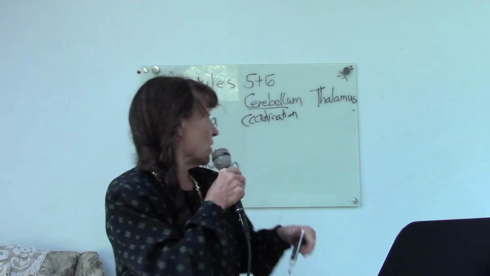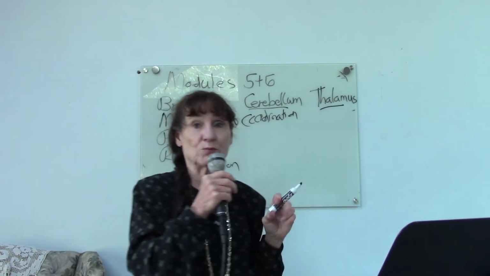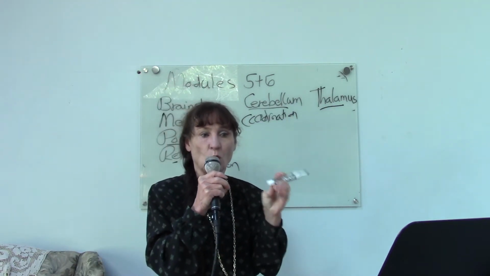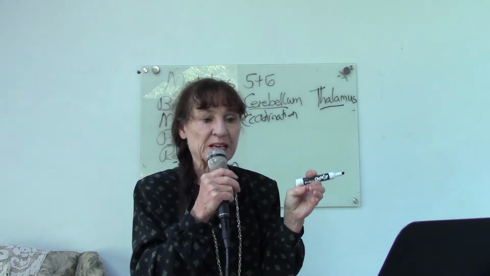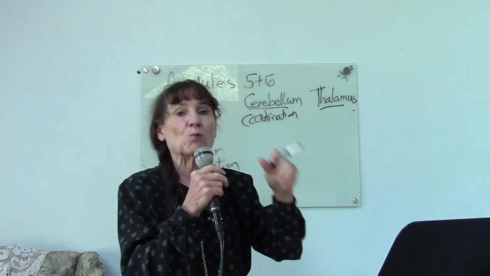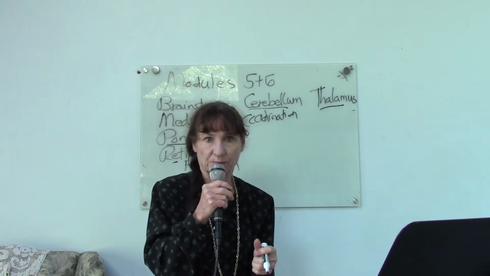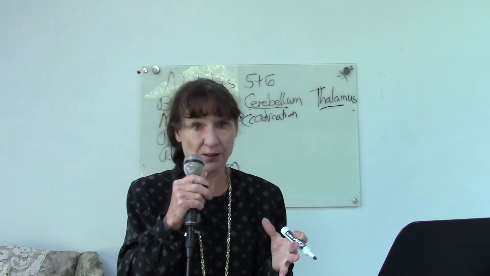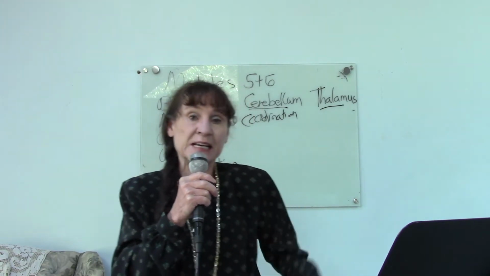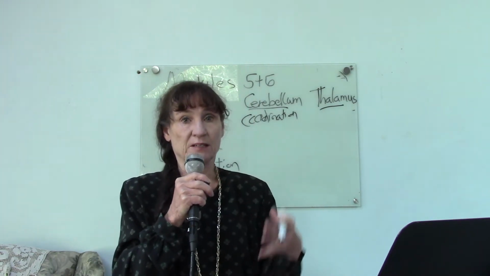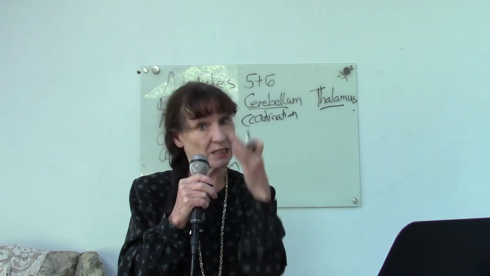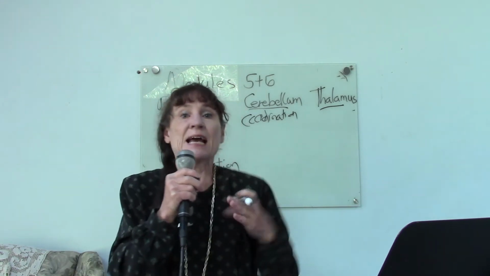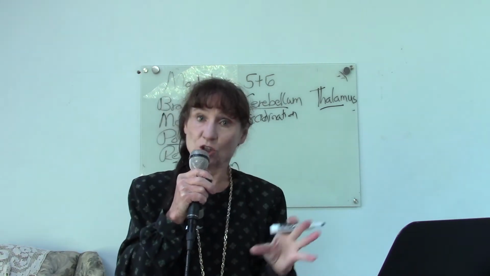Okay, the next one is the thalamus. If my board was bigger, I could expand all this. But the thalamus is a very small structure of the brain, and it's a structure of the forebrain, but we call it the switching station. What the thalamus does is it takes input. We talked about the peripheral nervous system last time. It takes the input from your extremities and all of your senses, with the exception of smell: sight, taste, hearing, and it routes it to the part of the brain that can interpret it.